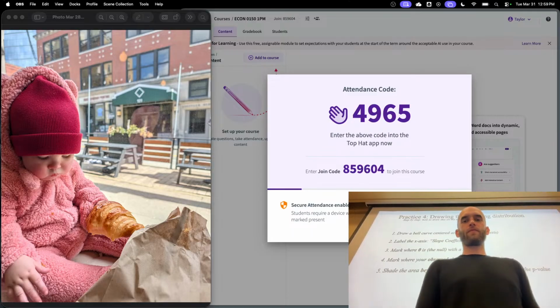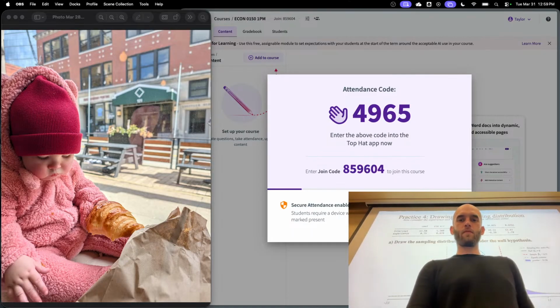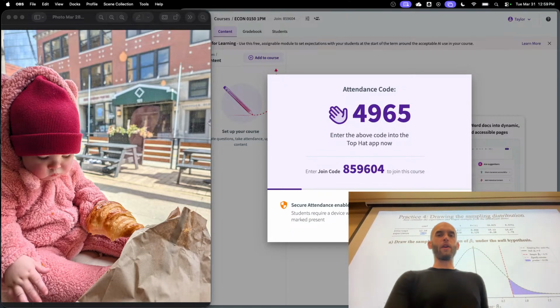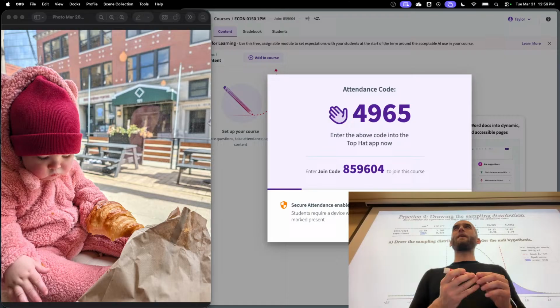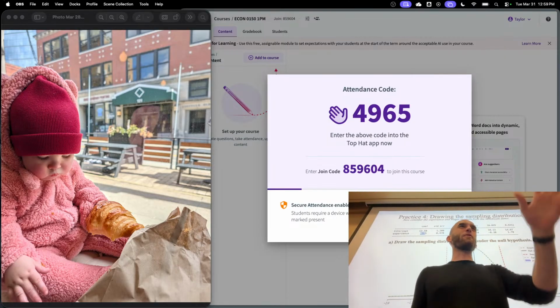Is 1.5 the 0.75 added up twice? Oh, I'm sorry. That should be 0.75. That's my mistake. 0.75. I can't read and everyone gets a heart attack.